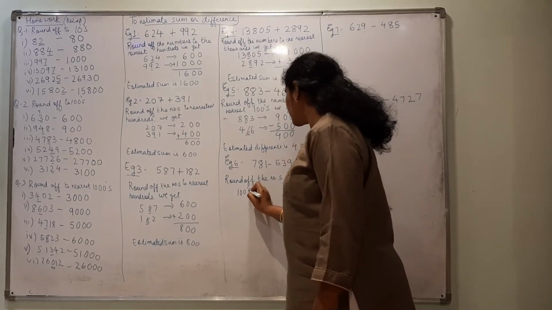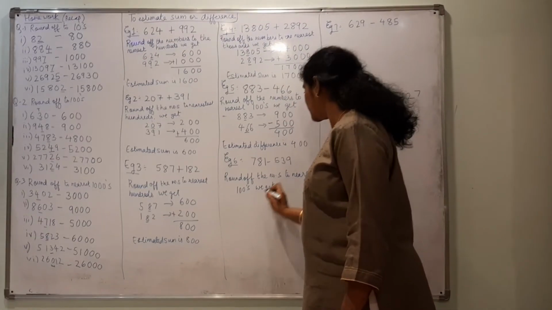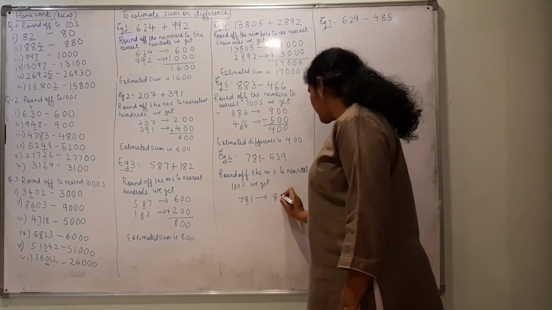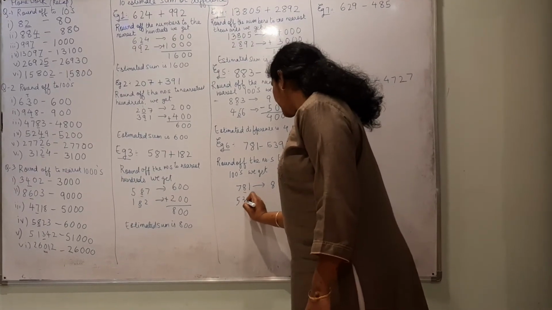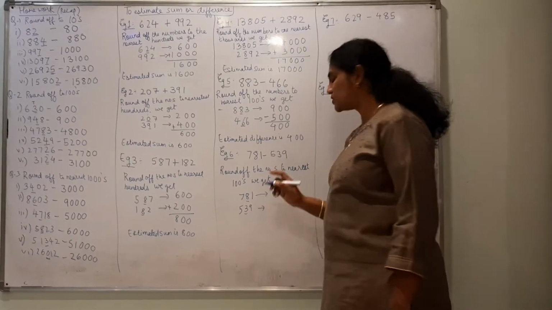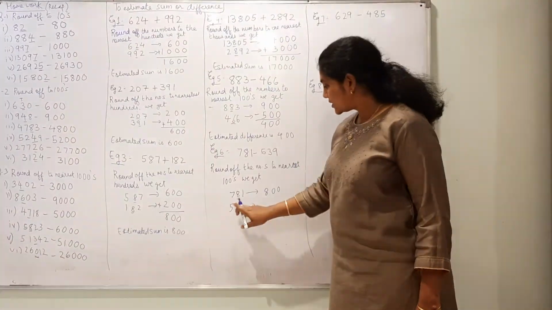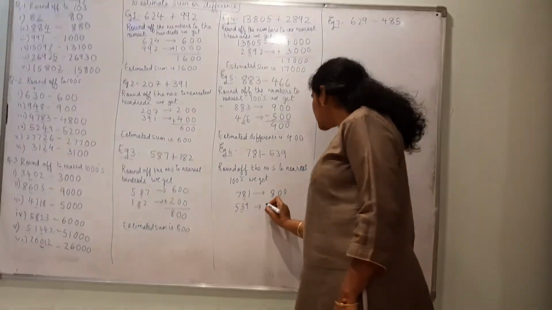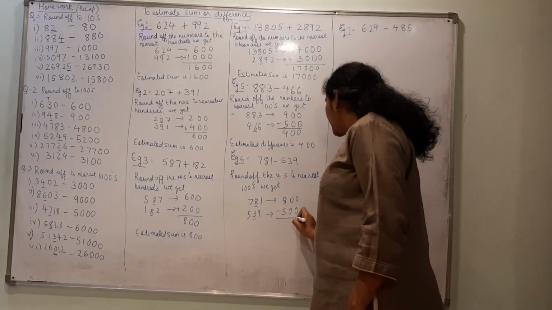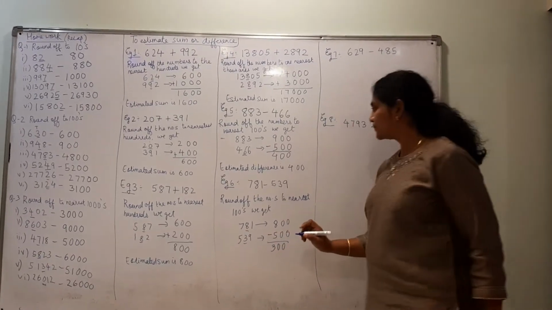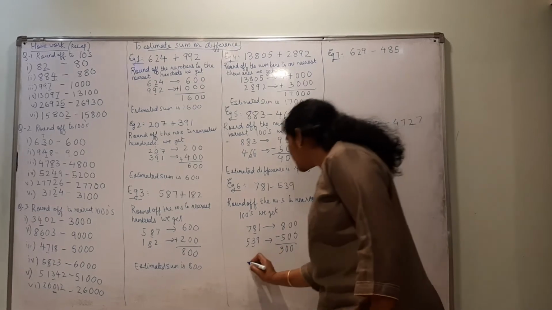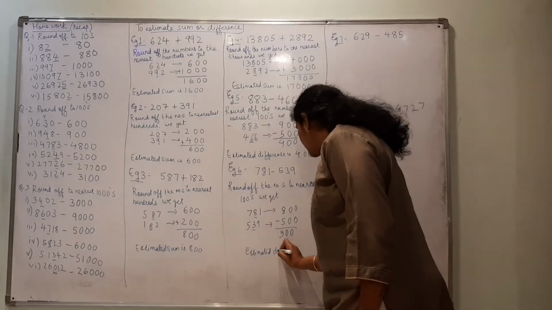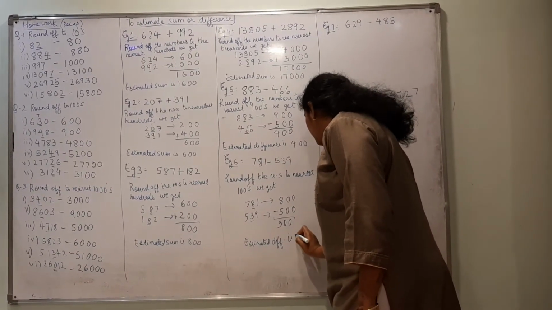We get 781, it will be 800. 539, hundreds means you have to look at the tens place. 3 less than 5, I will keep as it is, minus 500, and the answer is 300. So you have to write estimated difference is 300.